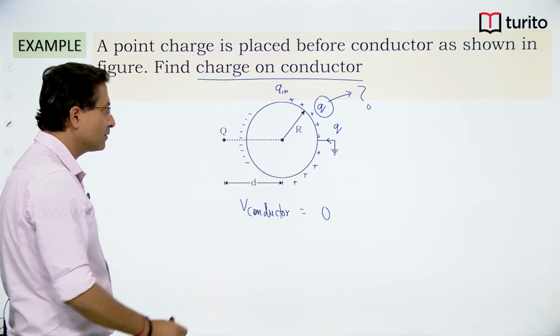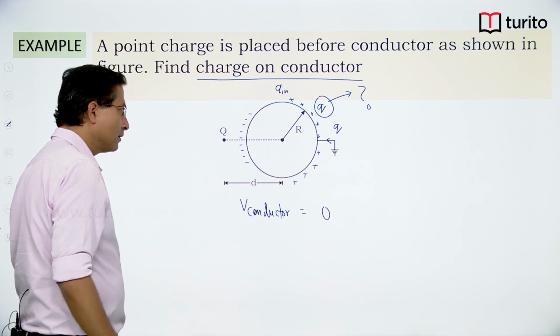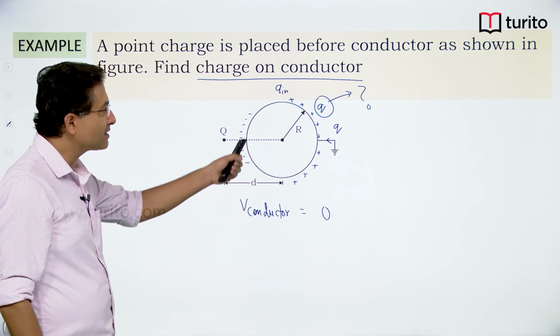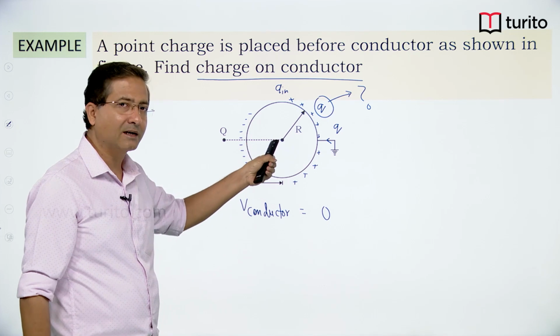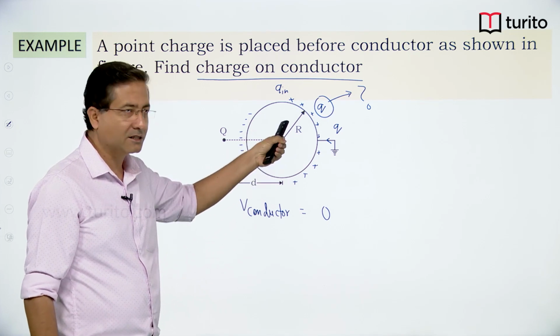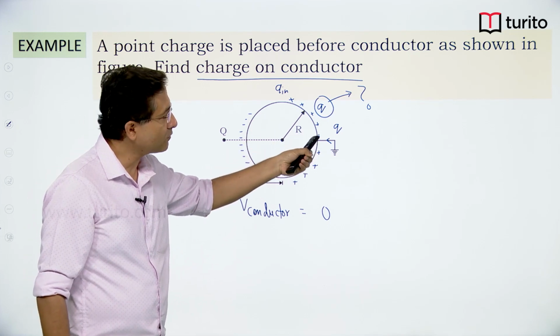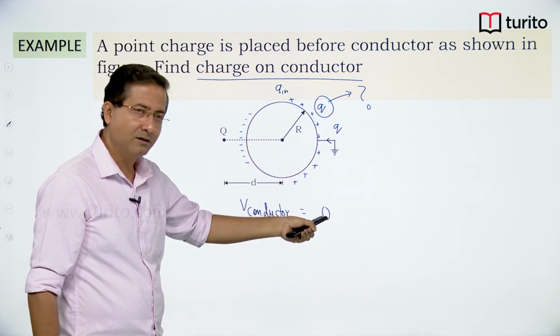So I have selected point here, and we know that as there is no net electric field inside the conductor, potential at every point will remain same. So potential on the surface of conductor or any point inside has to be 0.